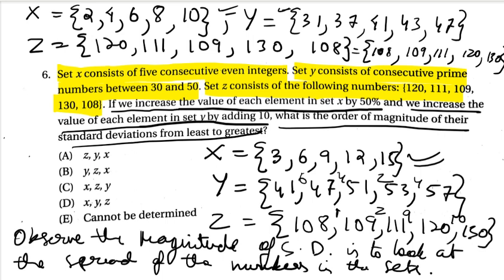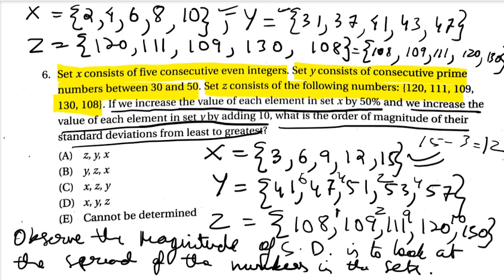If you're still unsure of what is going on, take a look at the ranges too. The range of X is 12. How do you find it? 15 minus 3 gives you 12.